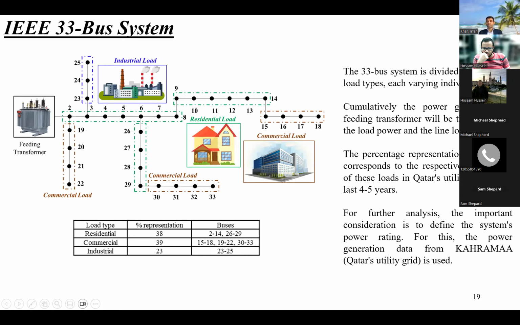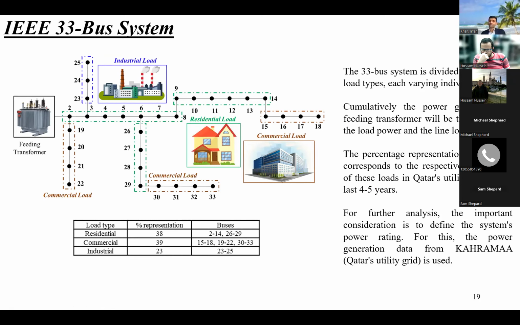So the 33 bus system is divided into different load types. Cumulatively, the power given by the feeder transformer will be the sum of all the load plus line losses. The percentages of load correspond to the percentages given by the Qatar utility grid.